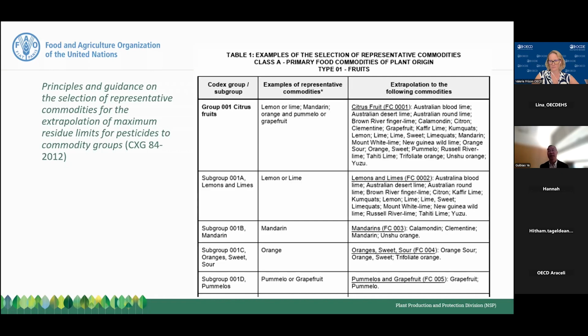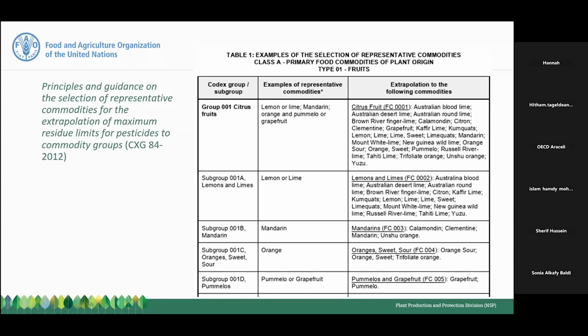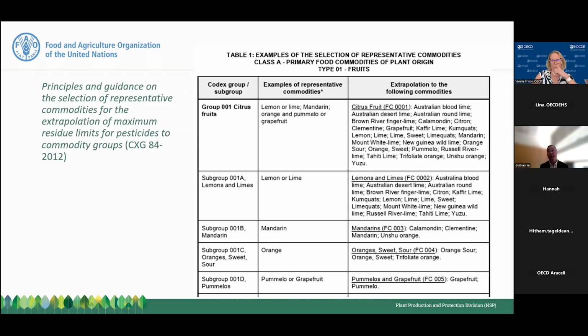And I want to highlight that it is very important how the national registration crop or crop group matches the Codex system. Because for JMPR, we make recommendations based on the Codex system, and if the national group is similar to the Codex system, that's okay.